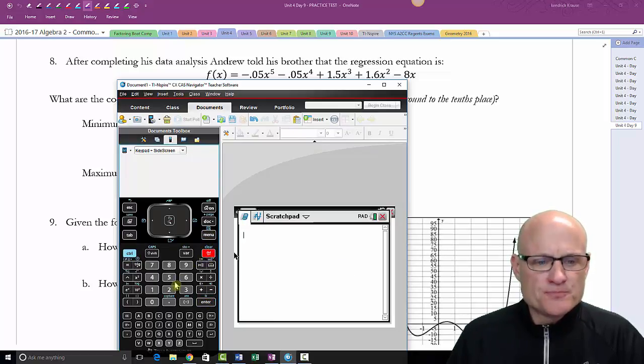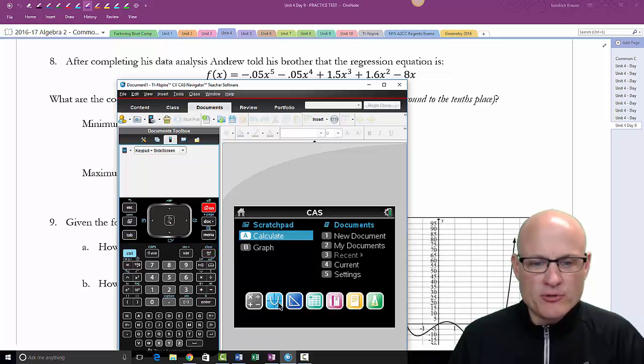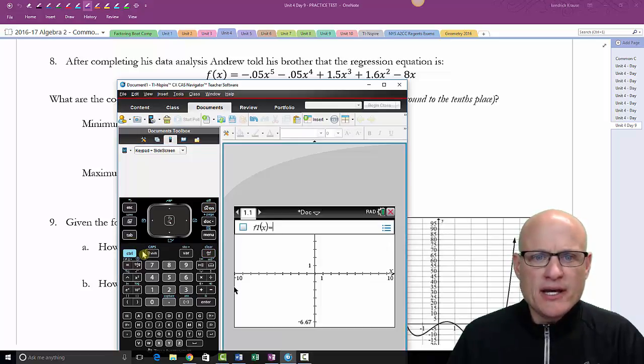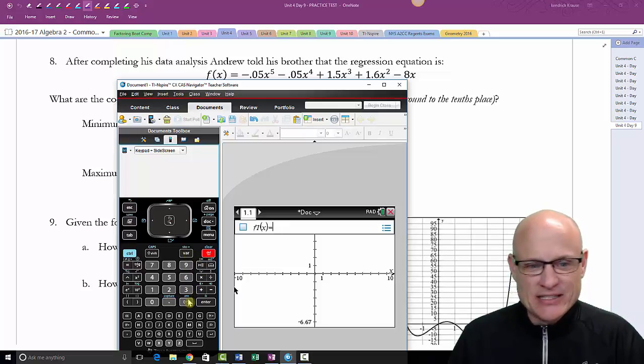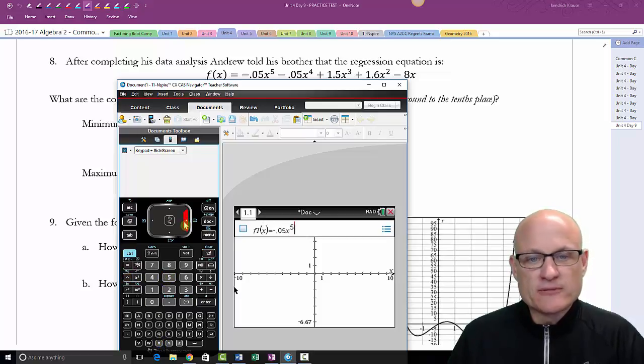All right, so I got a graph. Let's go to graph mode. And I'm going to type in negative 0.05x raised to the 5th. Get out of 5th mode. Minus 0.05x to the 4th.